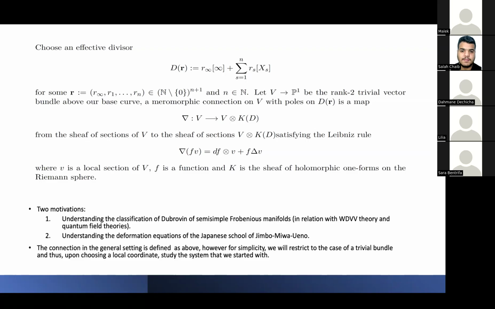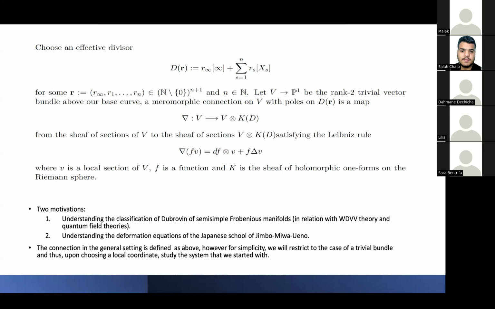But I will restrict myself to the trivial vector bundle, and I want it to be trivial always in order to make the computations easier. But more or less, there are way more general settings. I'm restricting myself to this explicit setting because I need explicit formulas later. So this is the story behind.